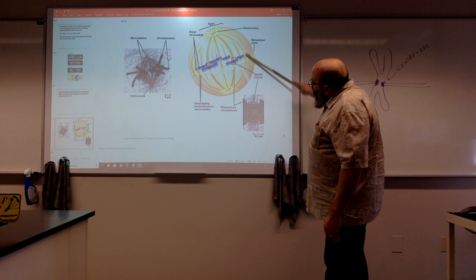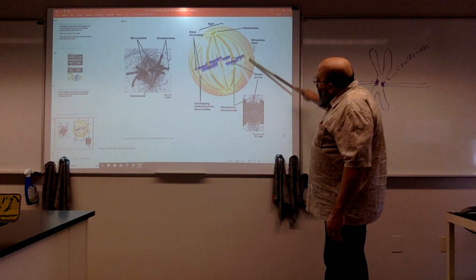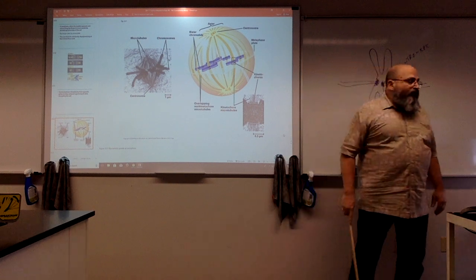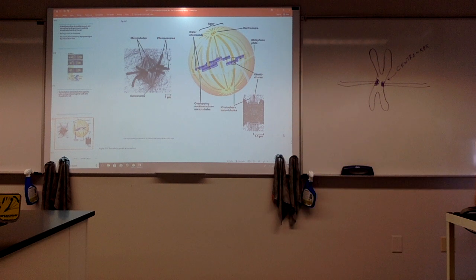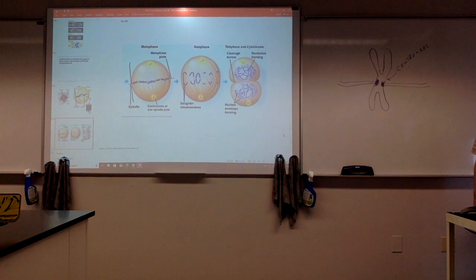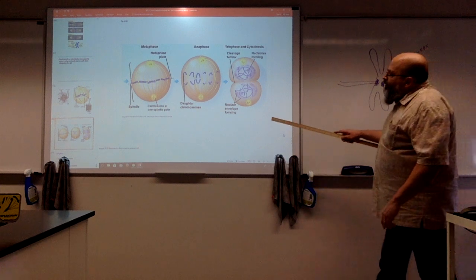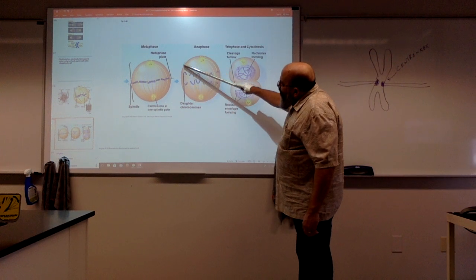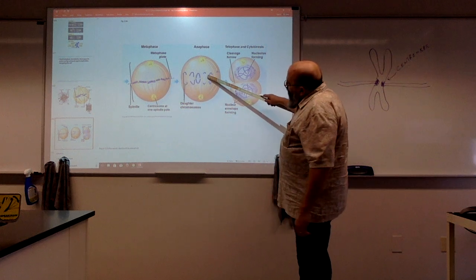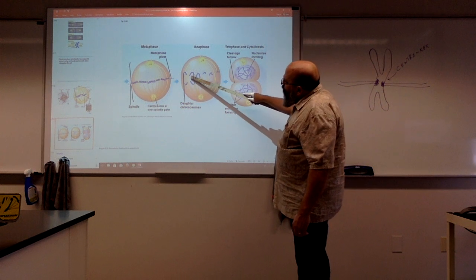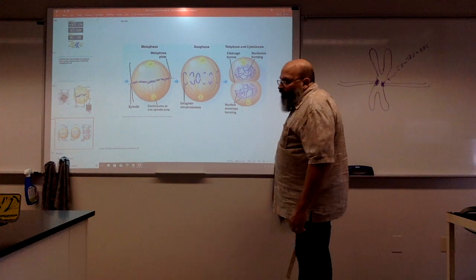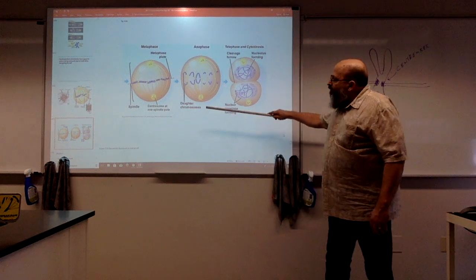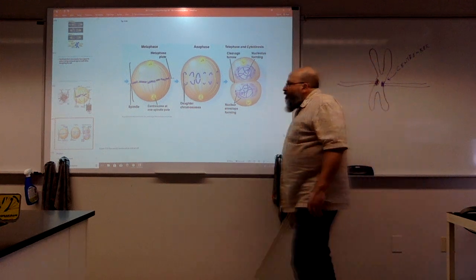Okay? So there's some overlapping of non-kinetochore microtubules. You have to get used to that language because that's what's used on the exam. Okay? So you can see it here. See how this cell has gotten longer? It's a little longer than this one. These non-kinetochore microtubules overlap, push against each other, and elongate the cell.